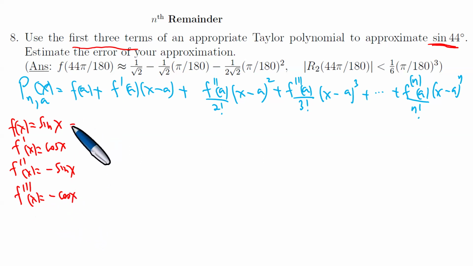I said that the aim of this lesson is to master Taylor and also to master Maclaurin. So we have done the formula for Taylor and then we're doing the formula for Maclaurin. But now you need to be able to evaluate these at the 44. So you need to be able to find the sine of 44.